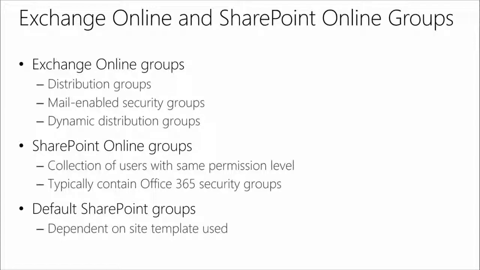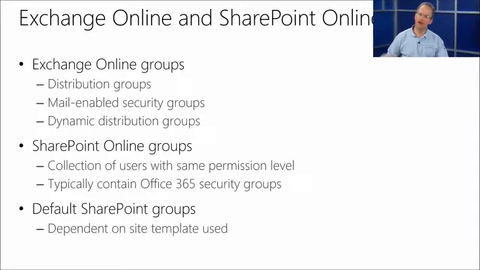Mail-enabled security groups, like those in Exchange on-premises, used for email delivery and for assigning permissions within Exchange Online. And dynamic distribution groups, which evaluate their membership dynamically based on a number of factors, for example department membership.